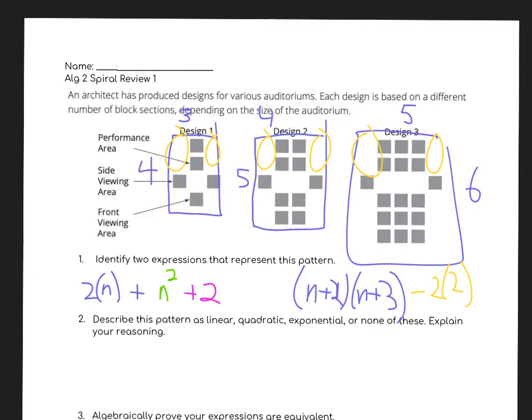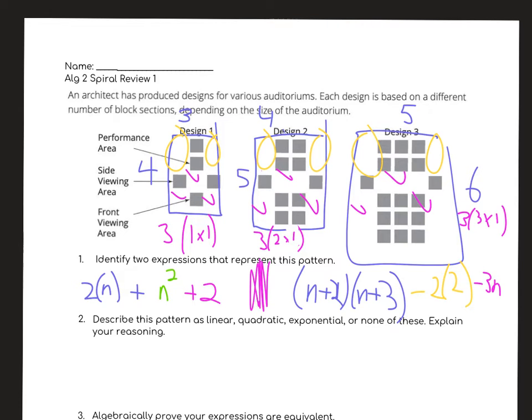We have 3 1 by 1's, 3 2 by 2's, and 3 3 by 3's, so those are 3 by 1's, n by 1's, so minus 3n. So those are my 2 expressions.